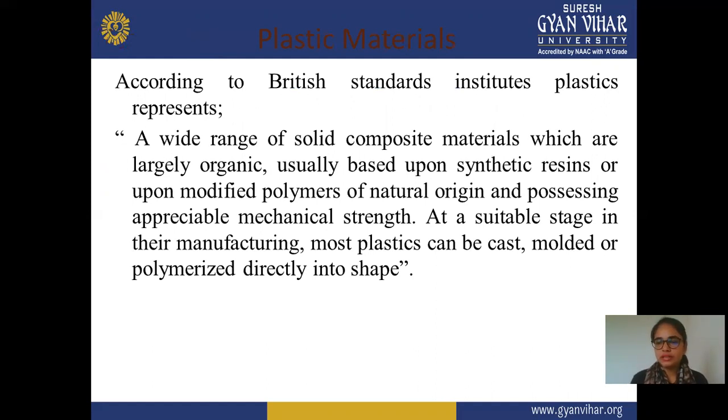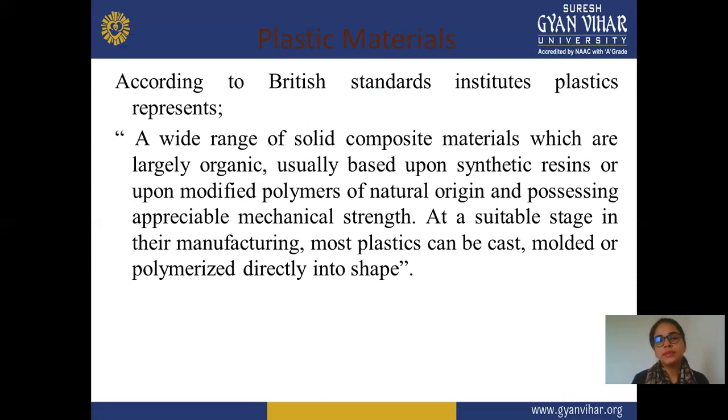Next is plastic material. We have already covered glass completely. The second topic is plastic material. According to the British Standard Institute, an official institute which gives guidelines on plastic material, plastics represent a wide range of solid composite materials which are largely organic.